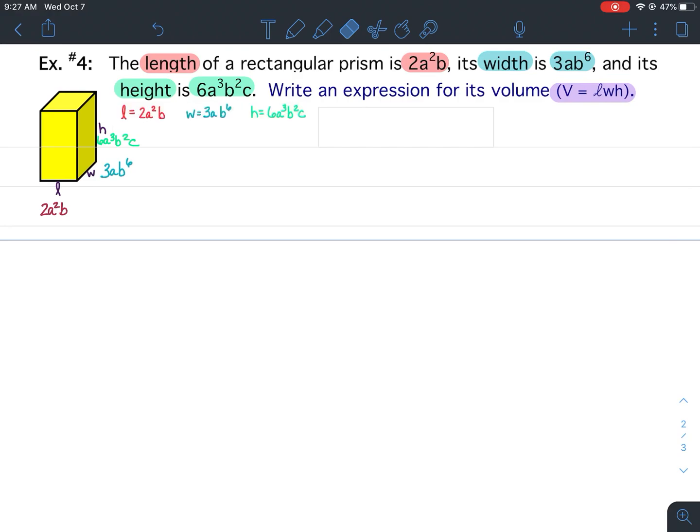So I'm going to write these out like this. So the length is 2a squared b, the width is 3ab to the sixth, and the height is 6a cubed b squared c.